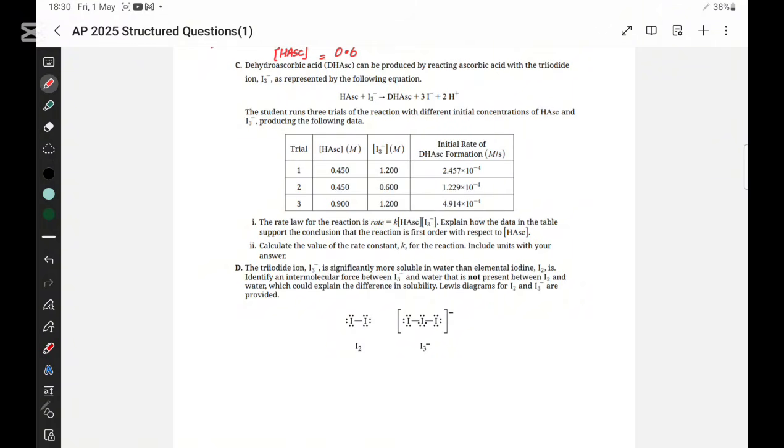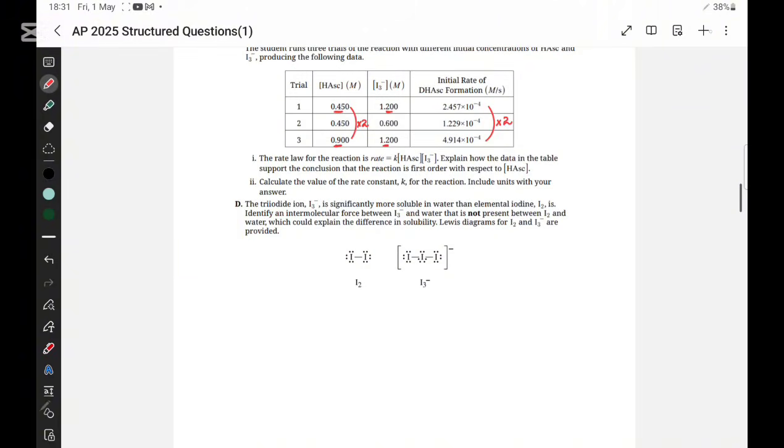Explain how the data in the table support the conclusion that the reaction is first order with respect to HASC. So if you compare trial 1 and trial 3, you are going to see it is multiplied by 2. They remain constant, and the rate is also increasing by 2 times. So that represents if the concentration is doubled, the rate also doubles. So how am I going to write the explanation for this?